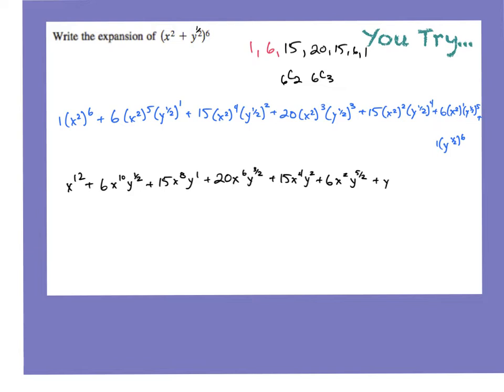And then plus y to the power of 3. If I have, let's say, a square root t, that's really a t to the power of what? t to the power of 1/2. Let's say if I have a cube root t, that's really t to the power of what? 1/3. So if I have a fourth root t, that'd be a t to the power of 1/4.